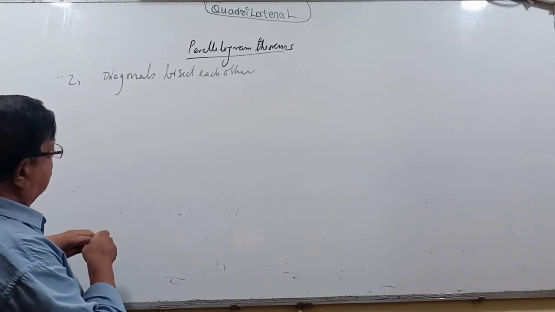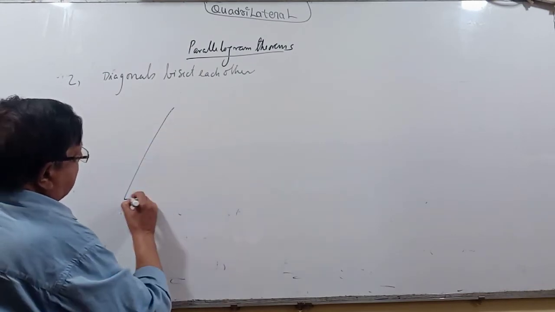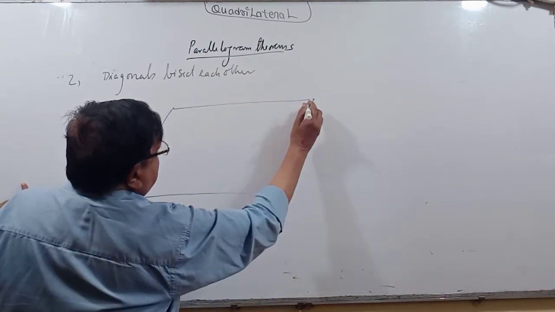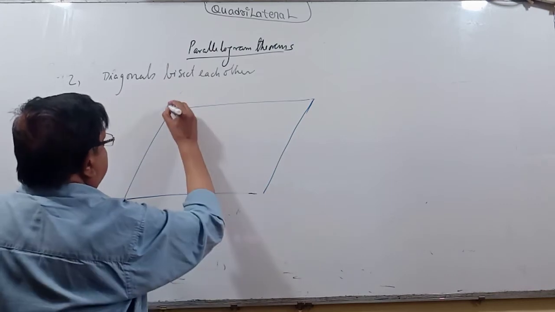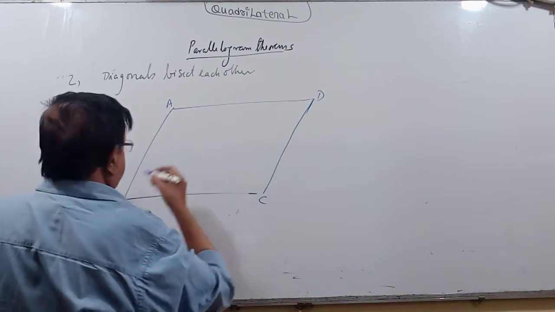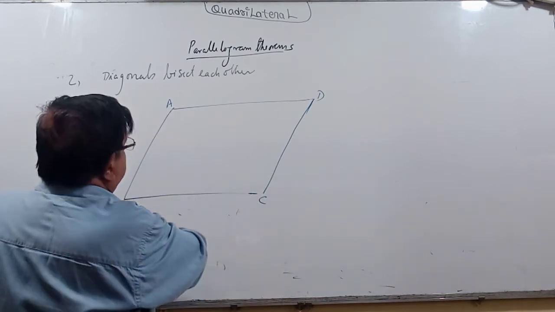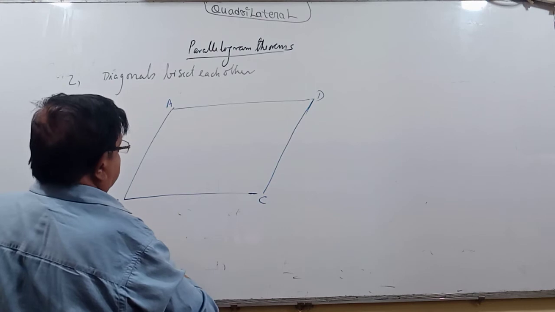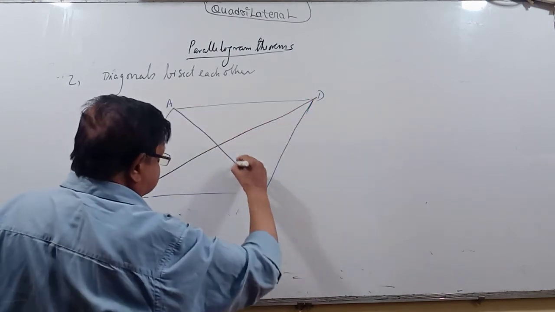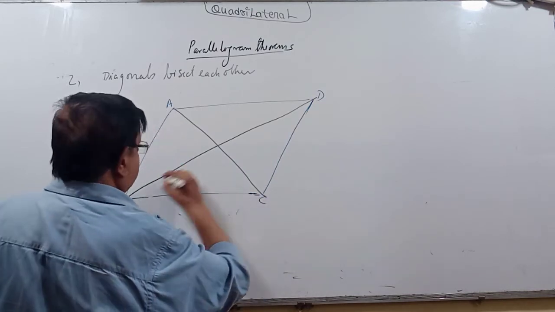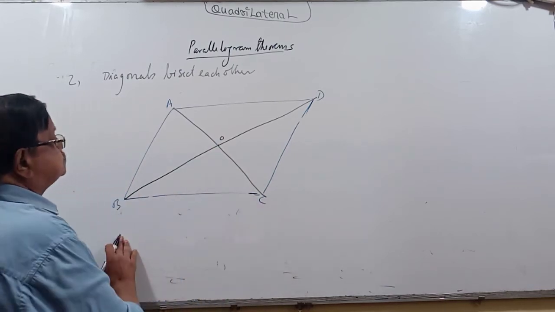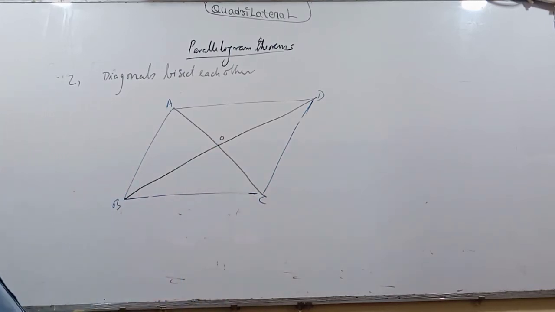Suppose I draw a parallelogram here, A, B, C, D. The two diagonals: one diagonal BD, the other diagonal AC. They meet at O. BD and AC meet at O.